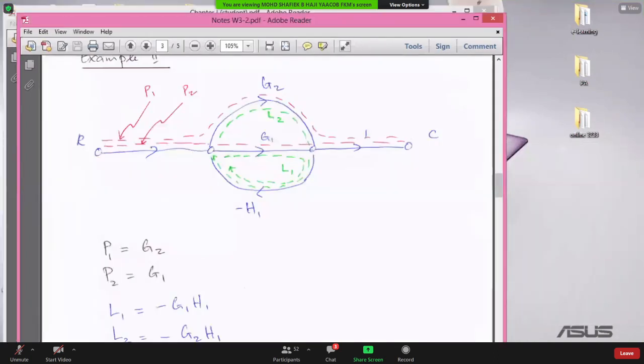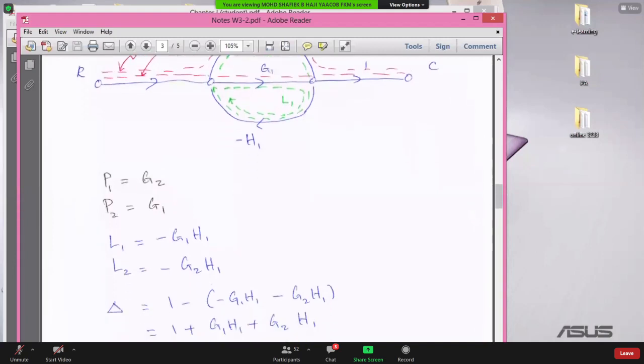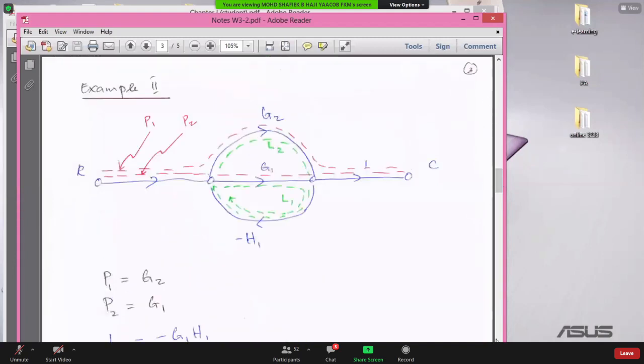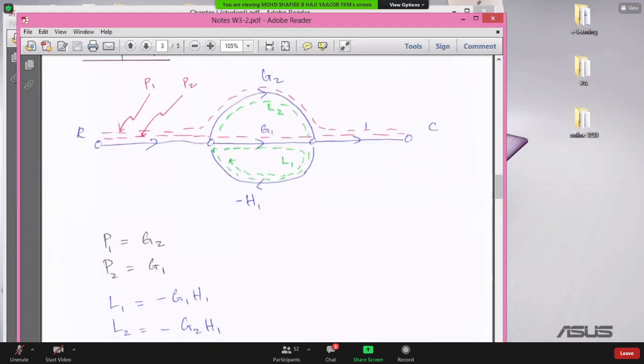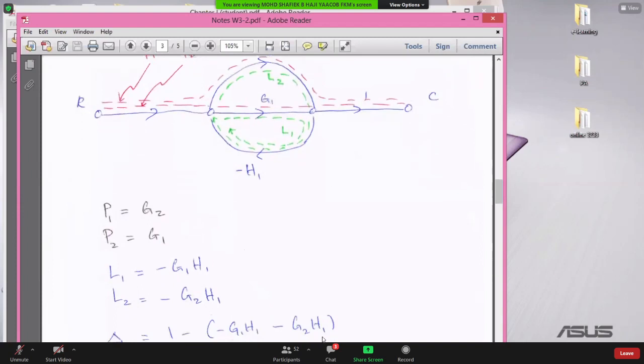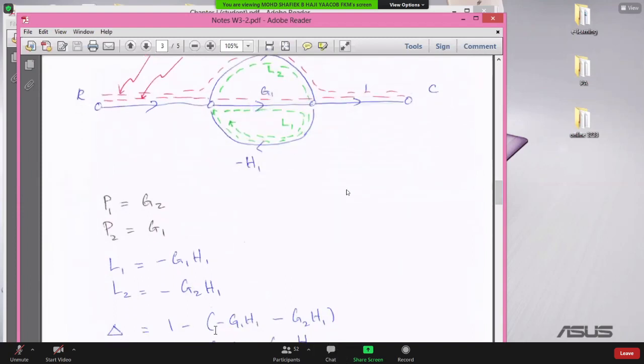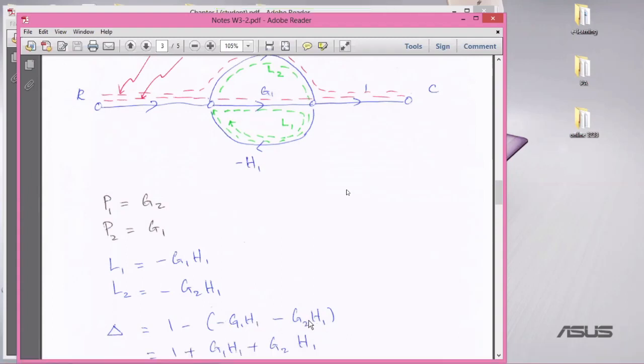So delta is equal to 1 minus L1 plus L2, plus the summation of products of all non-touching loops.